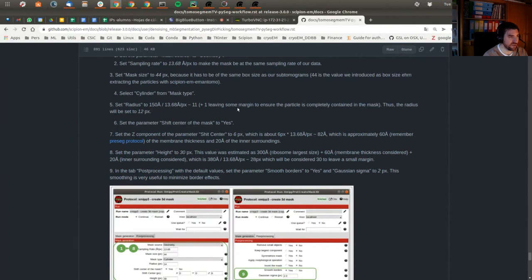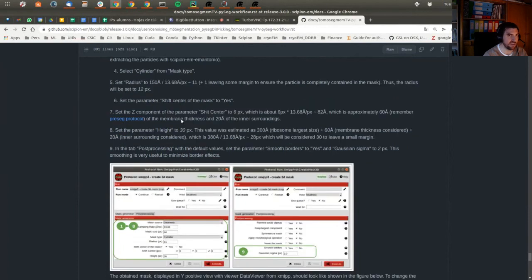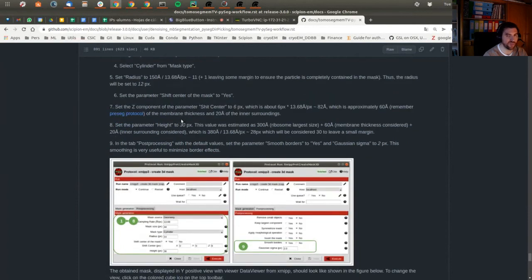Then the other critical parameter is the shift. The shift is necessary because we are going to move it a little bit down, so some of the membrane is contained in the cylinder, because the origin is the center of the box. We have to shift it a little bit to the bottom to ensure that the membrane and a small portion of the inner surroundings is contained.